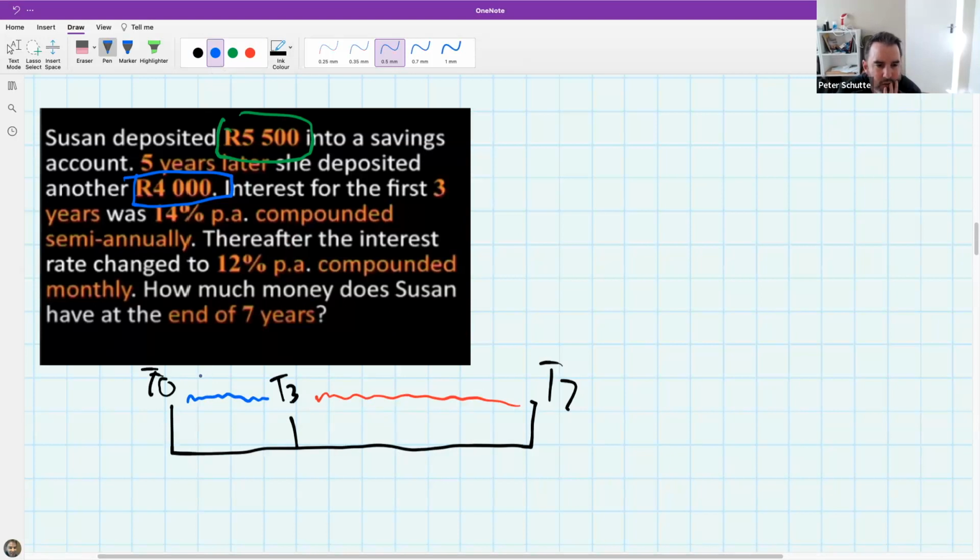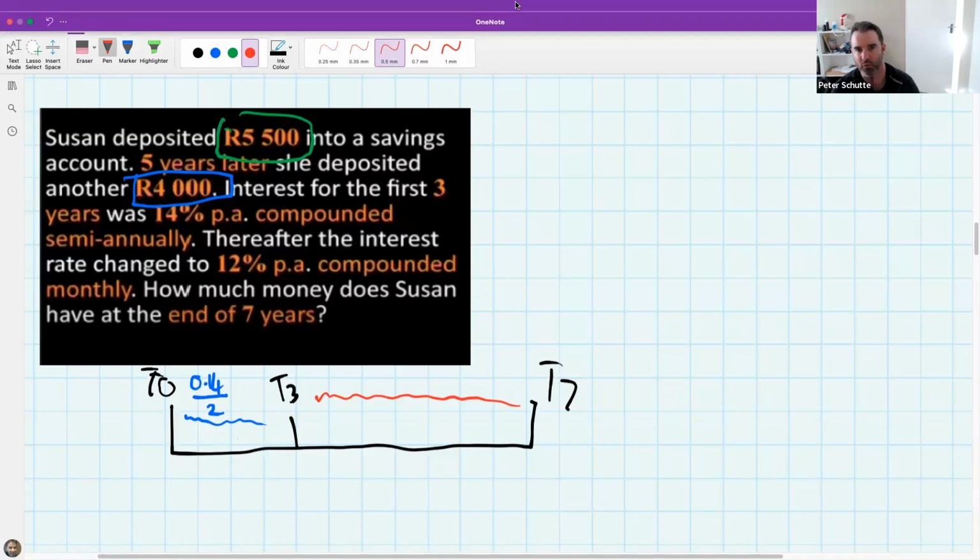So for this one, let me even just squiggle it here. 0.14 divided by 2. Okay, what's the red one going to be? What's the interest rate for this period?